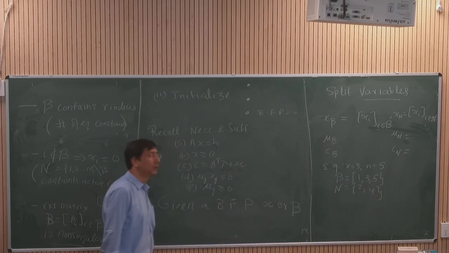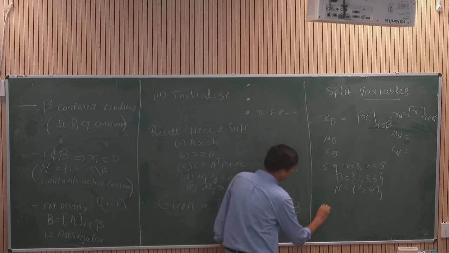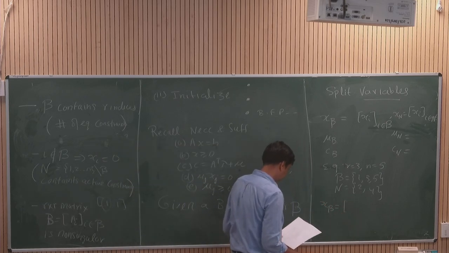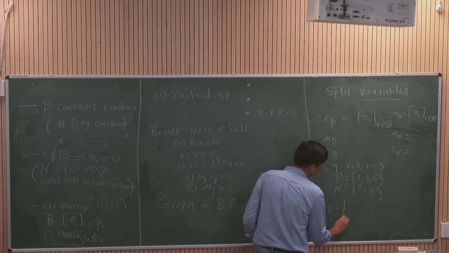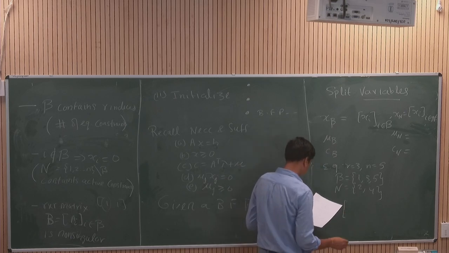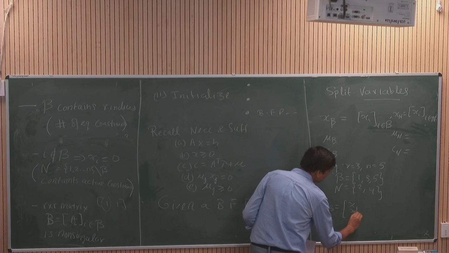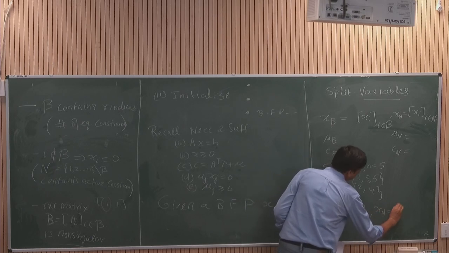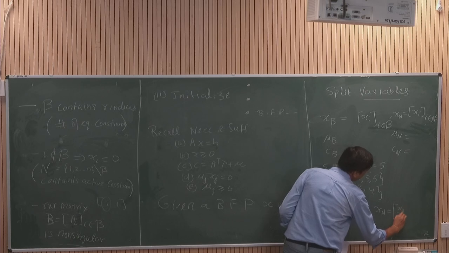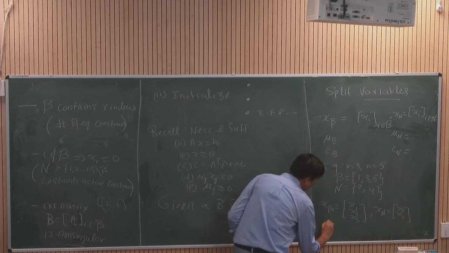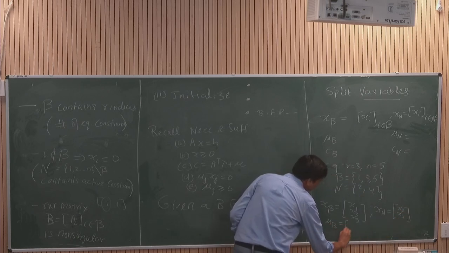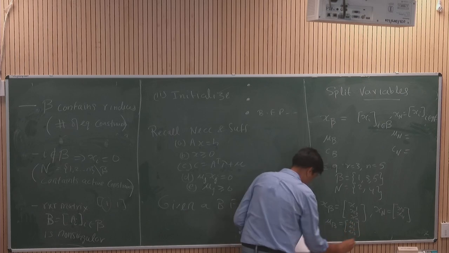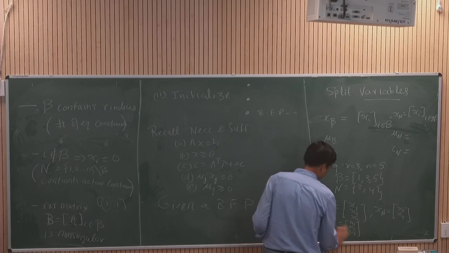So what will be my x_B? x1, x3, x5, and x_N would be x2, x4. Similarly, you can write mu_B as mu1, mu3, mu5, and so on. You can write all of them.